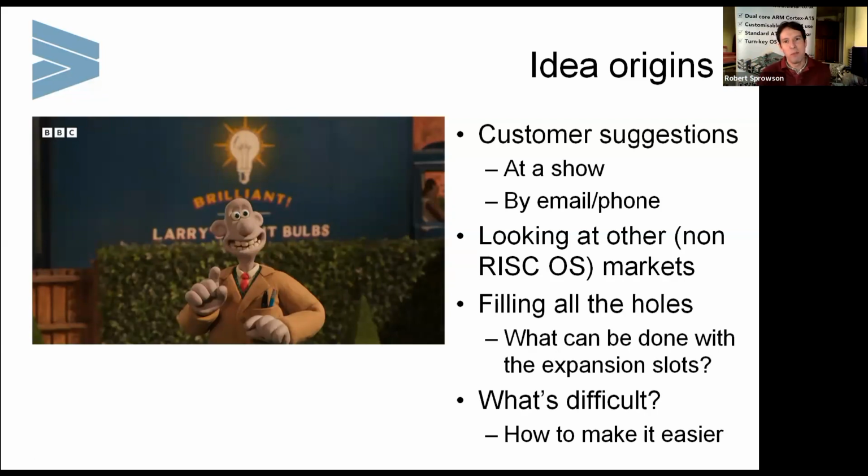So actually, it's important to go and ask people what it is that they're having trouble doing, or what they would like to be able to do, and try to make those things easier to do. Another strategy that I've had is to simply look at an existing product and then work your way around each of the expansion ports until you've made one thing for each expansion port. That's another good tactic. And also quite a bit of the work that I do is not specifically RISC-OS related.